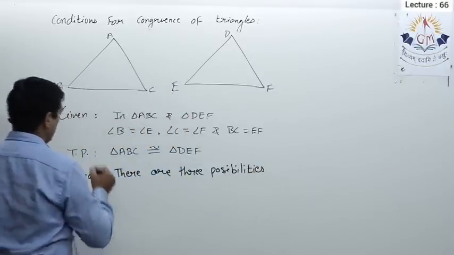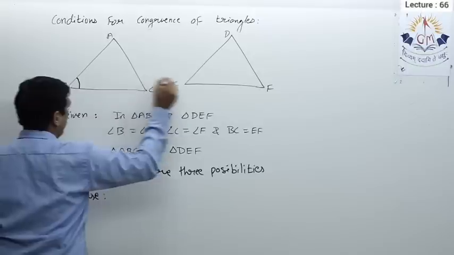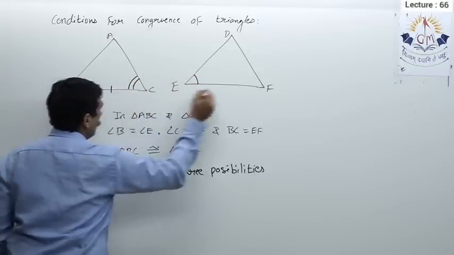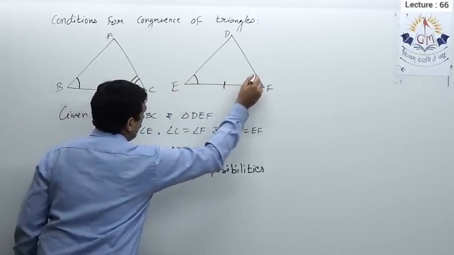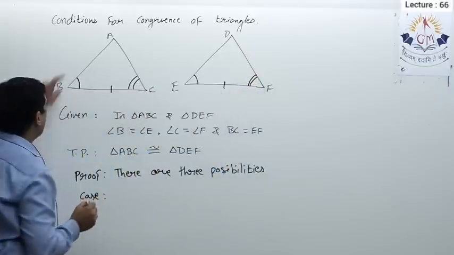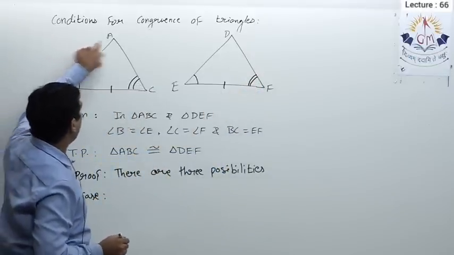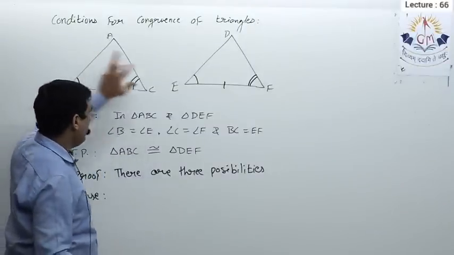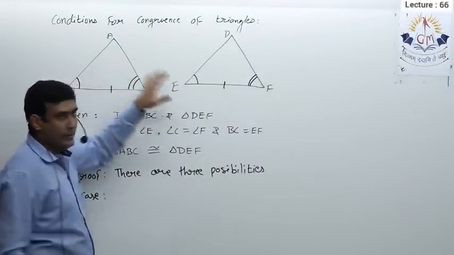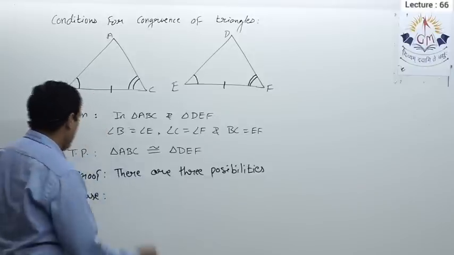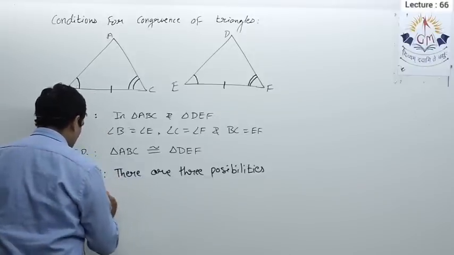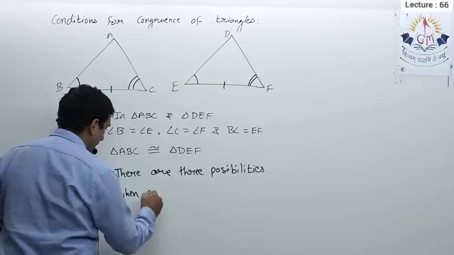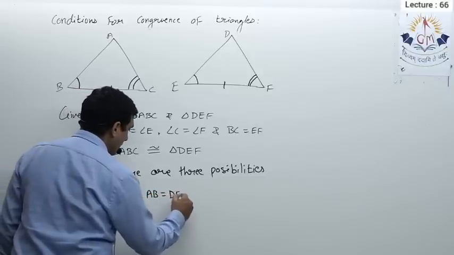Now, the first case I am considering: if I find the relation between AB and DE, there are three possibilities: either AB equal to DE, or AB less than DE, or AB greater than DE. So case 1, when AB is equal to DE.